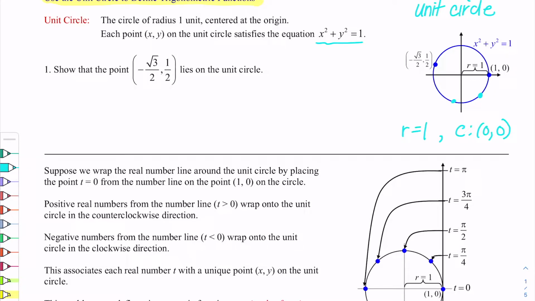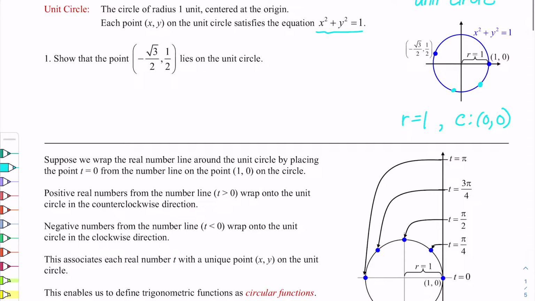Let's just go ahead and answer this first question. Show means it already is true, but we want to show how it is true, that the point negative root 3 over 2, comma 1/2 lies on the unit circle. Well, we are given both an x and a y coordinate, so why don't we go ahead and use our x squared plus y squared equals 1 equation that it has to satisfy.